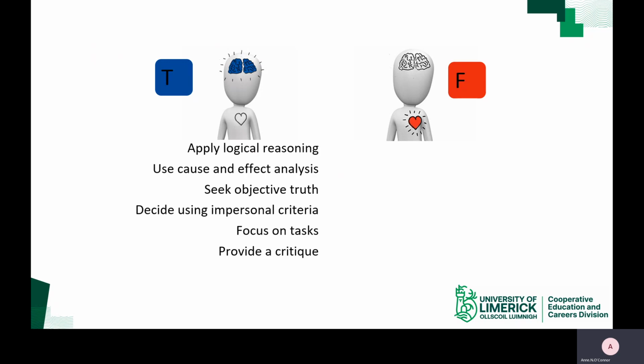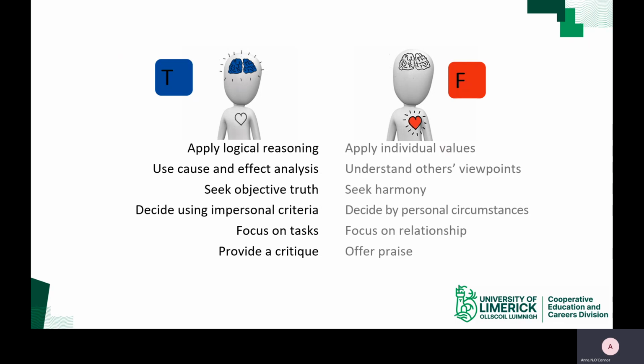Characteristics for T are that you apply logical reasoning, use cause and effect analysis, seek objective truth, decide using impersonal criteria, very much focus on tasks, and provide critique, and you do that with ease. If you have a preference for feeling, you apply individual values, you understand others' viewpoints, you seek harmony, decide by personal circumstance, focus on relationships, and offer praise and encouragement.